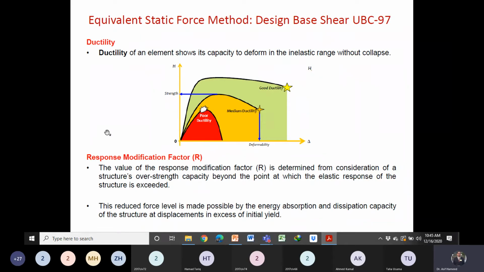If the structure can absorb more energy in the inelastic range after yielding, that will be ductile. So the value of the response modification factor can be determined if the structure has the capacity for energy absorption in the inelastic range. So we can design the ductile structure for the reduced value of the base shear.